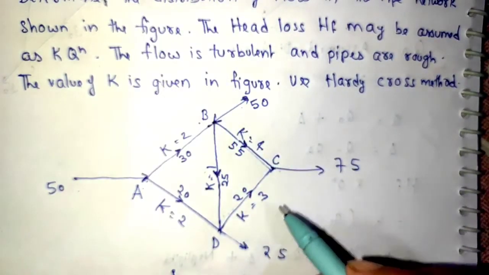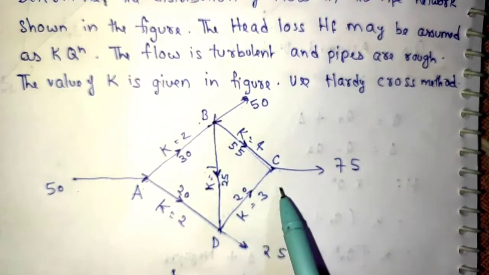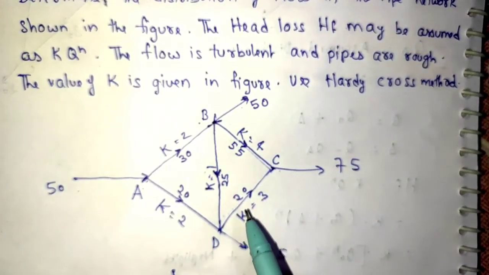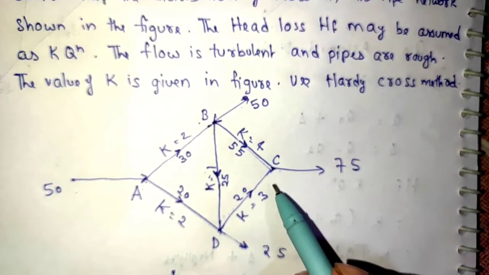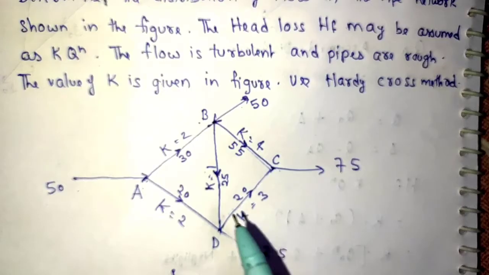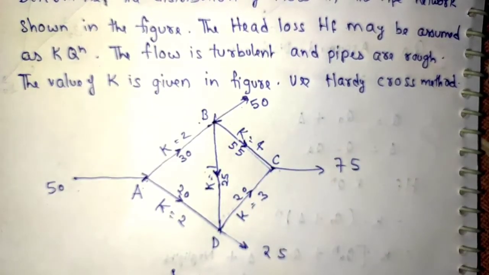For this loop, BC will be clockwise, and CD will be anti-clockwise. So CD will be negative, BD will be negative, but BC will be positive. So we have to very carefully decide what loop we are working in, and after deciding that, we will move on to analyze the section.